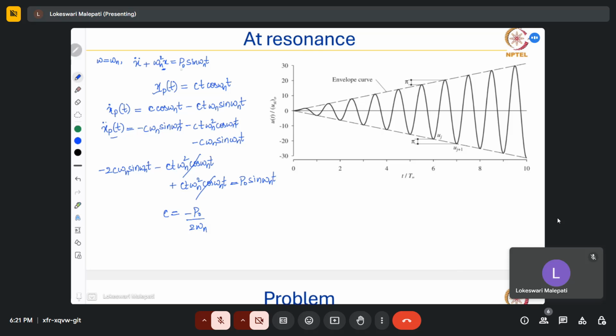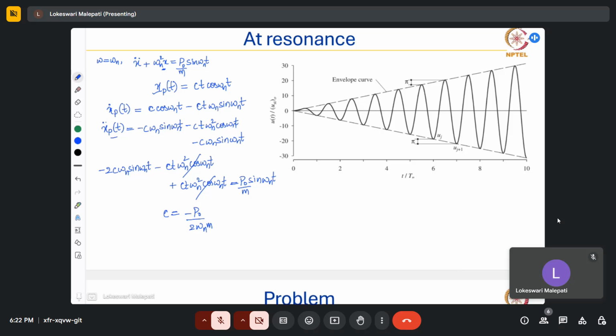Here there will be m in the denominator because the whole equation will be divided by m. So this is what we will get.